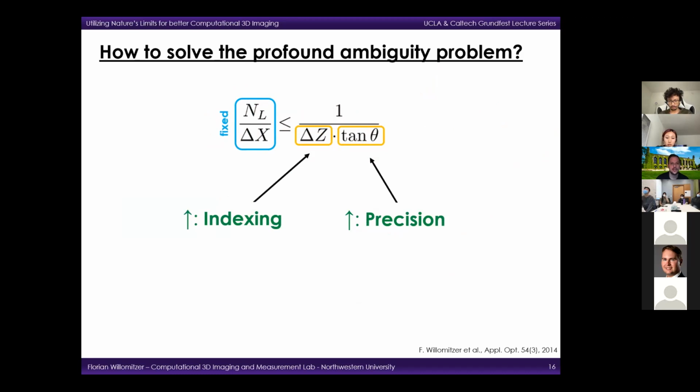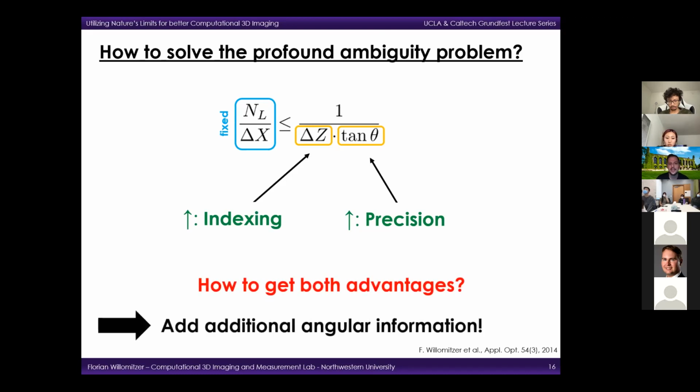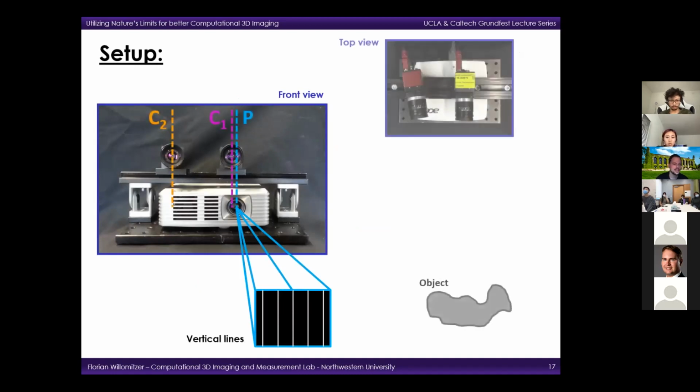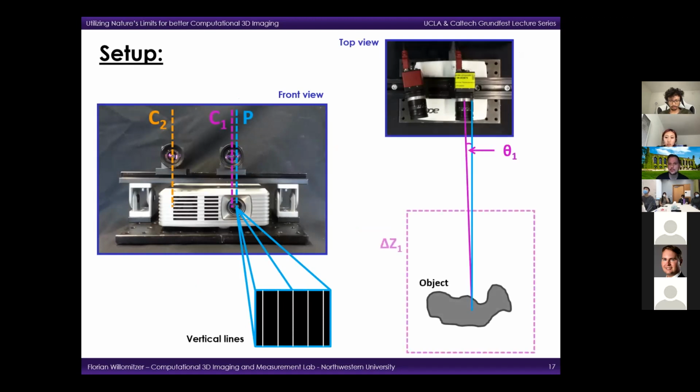And the question is now, how can we get that? I directly give you the answer: adding additional information by angular multiplexing, or in other terms, additional angular information which is captured by a second camera. We add an additional camera in the system and combine both cameras so that one camera encloses a very small triangulation angle with the projection to generate a large measurement volume, and the other encloses a large triangulation angle to generate high precision.